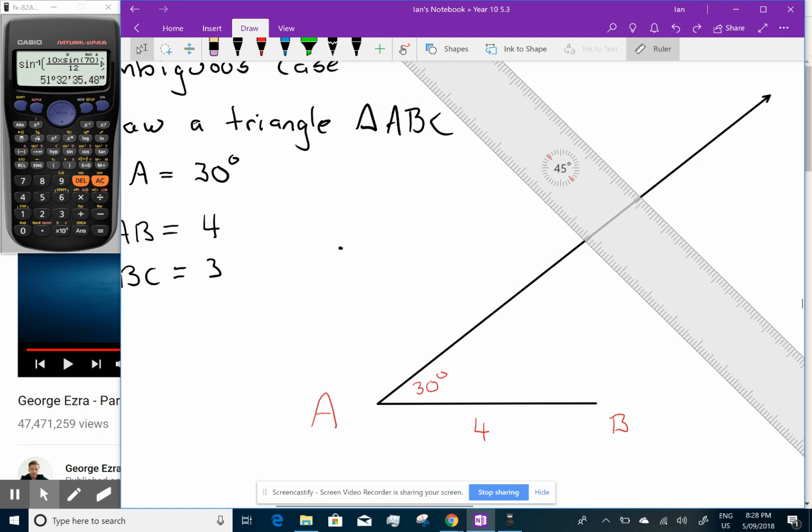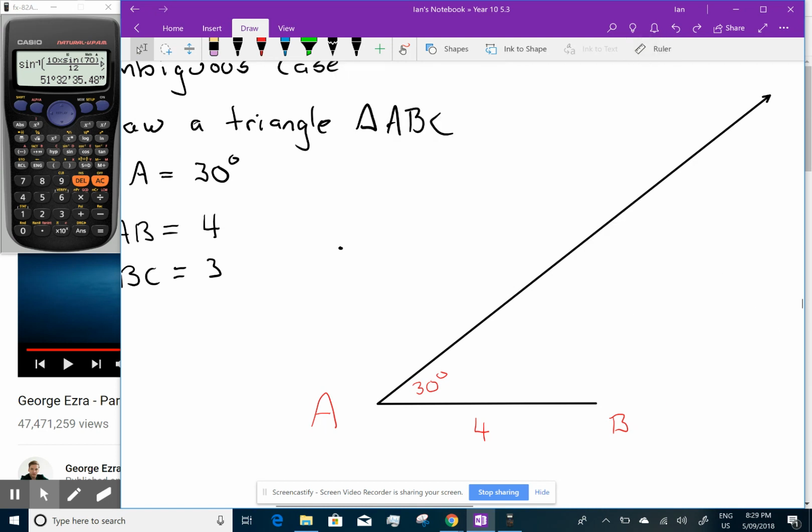I've never used this one before, so I'll get out of that. If I draw a line of 3 centimetres, well, that's not going to be it. If I draw a line of, because it has to be less than this other one. There you go. It could be there.